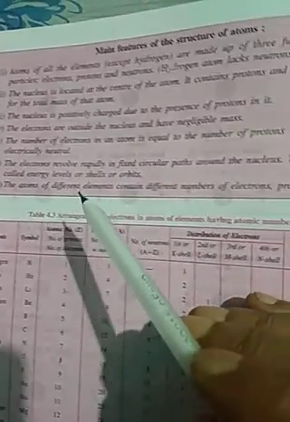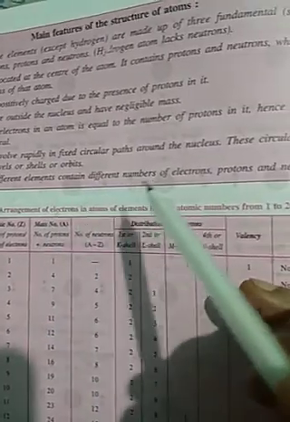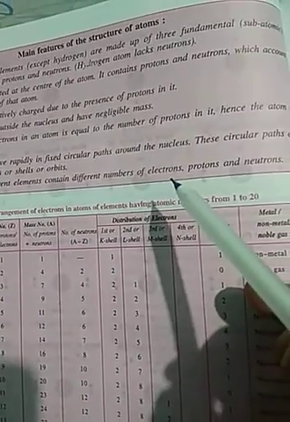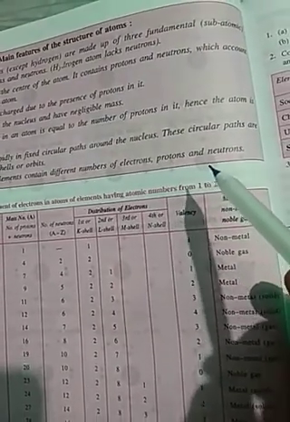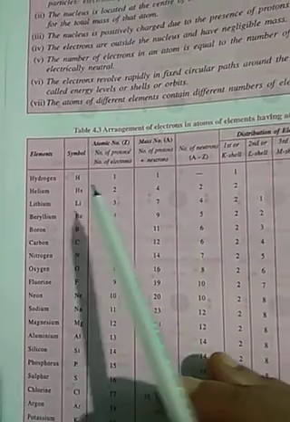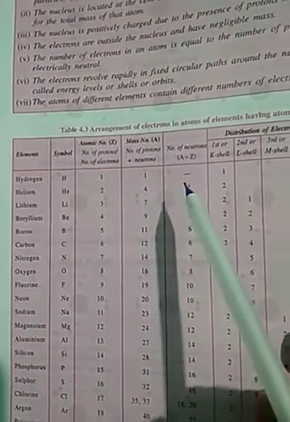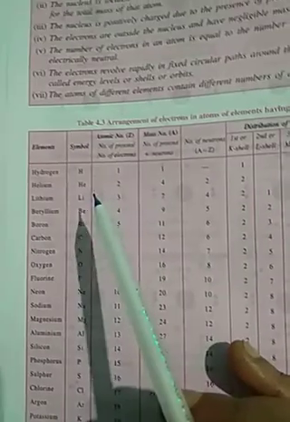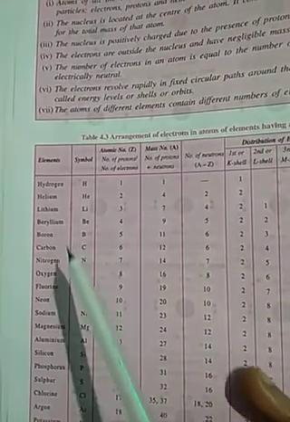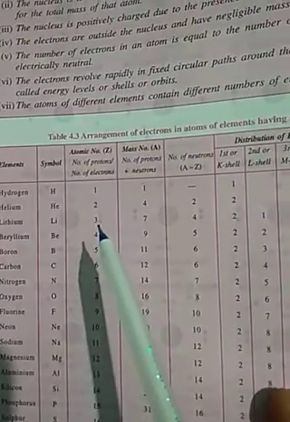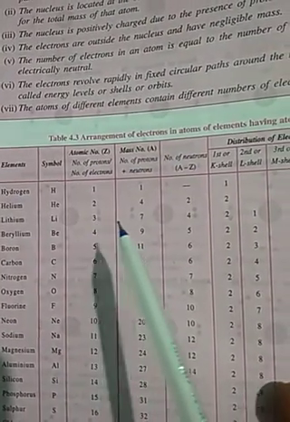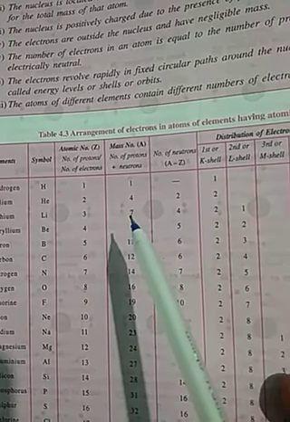The atoms of different elements contain different numbers of electrons, different numbers of protons and different numbers of neutrons. Here, hydrogen has no neutron, but all the other elements have different numbers of electrons and different numbers of protons.